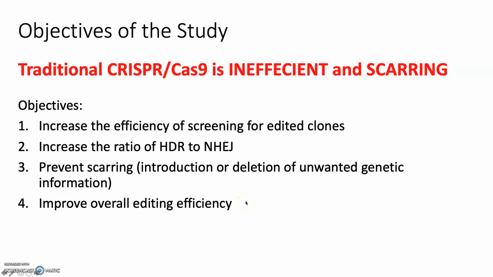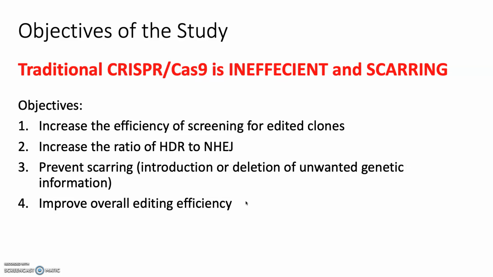So with that background information in mind, what is the objective of the study? First off, the paper makes it apparent that traditional CRISPR, as it's done, is inefficient and scarring. What do I mean by scarring?